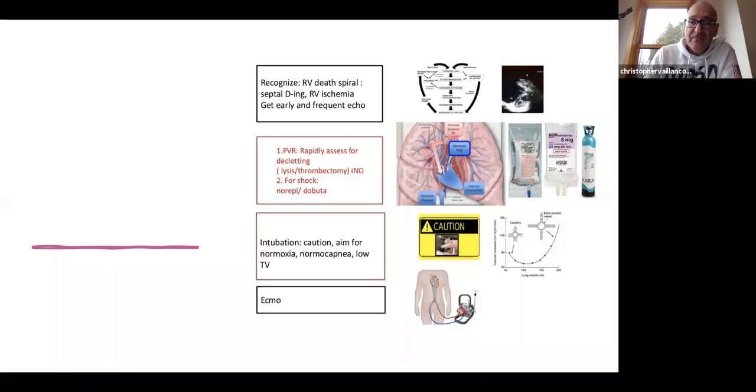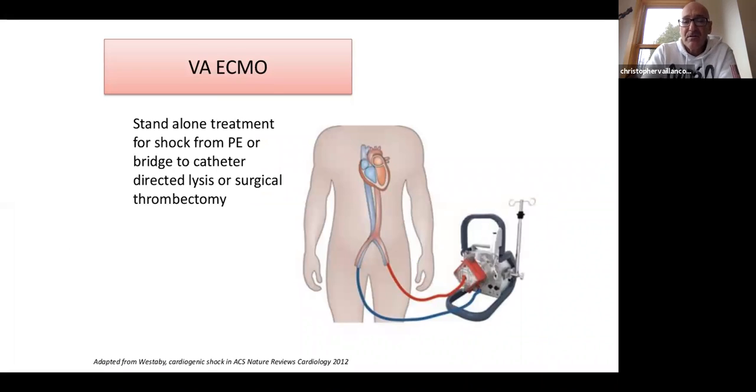I think for the most part, as we go further down the road, and the more I read about this, I think this is the way of the future. And I think this is the way we should be thinking about these patients when they come in shock. The issue, again, is how fast can we get this going? I was talking to Jay McLaughlin last week about this.